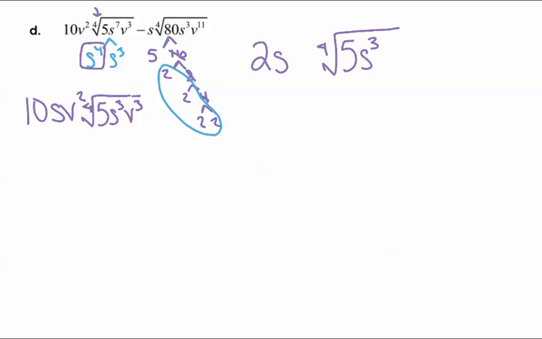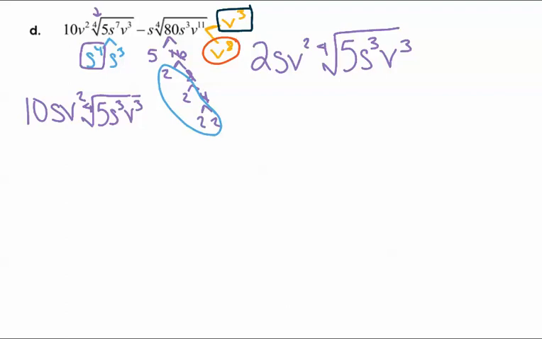So thinking about that v to the 11th, I need groups of 4. So that would be v to the 8th and v cubed. That means this v to the 8th here is giving me 2 groups of 4. So outside of the radical, I'm going to get a v squared, and then inside my radical is going to stay 3 v's.